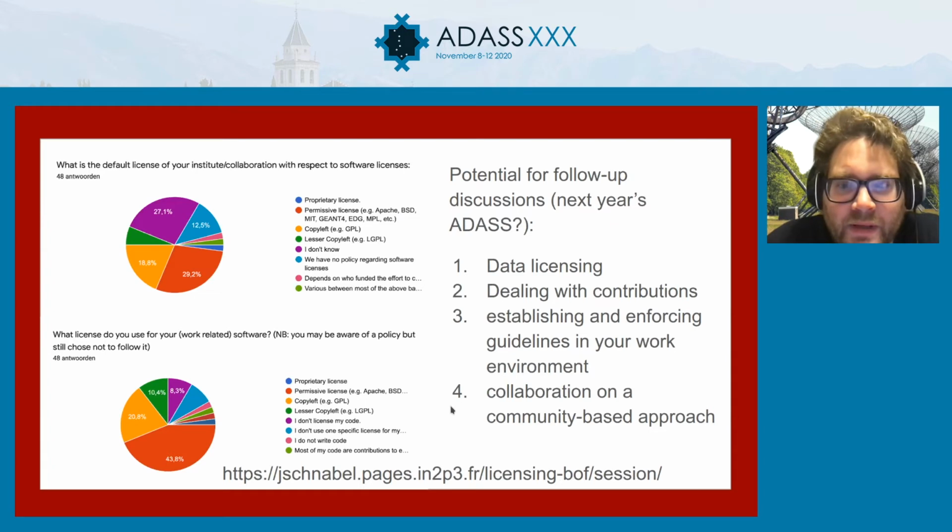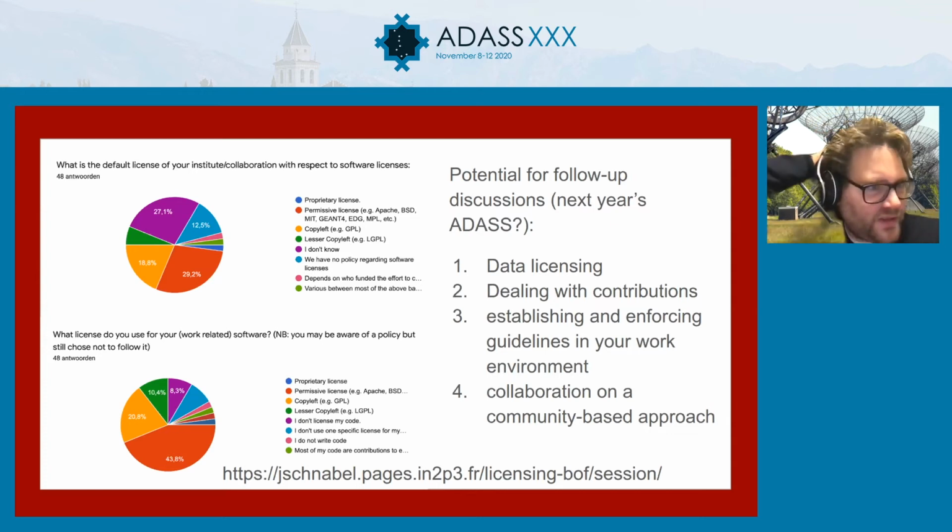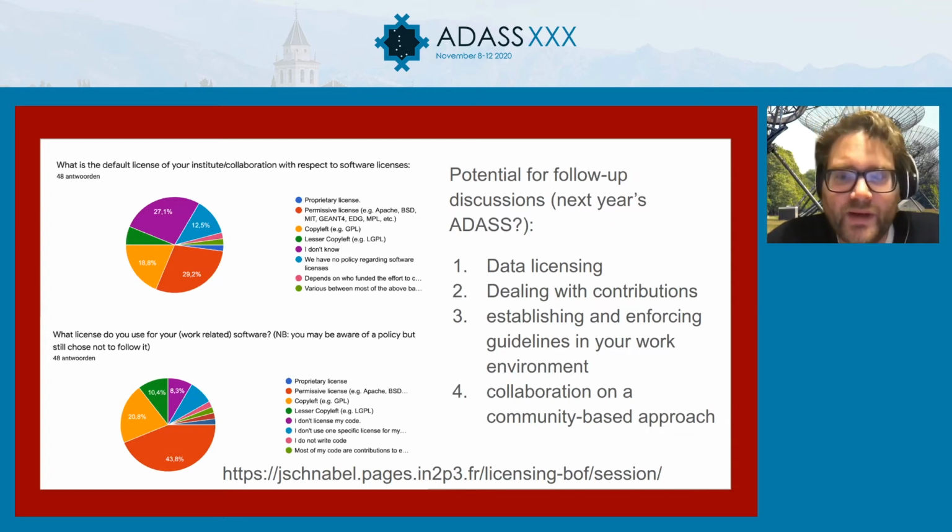Also the establishment and, importantly, the enforcing of guidelines, especially on licensing. How do you enforce your license at all? I saw that question a lot of times in the questionnaire, and it was also high in our ranking. And that links back to the last point I made on the previous slide, on the collaboration and community-based approach, on how, as a community, we can learn from each other.